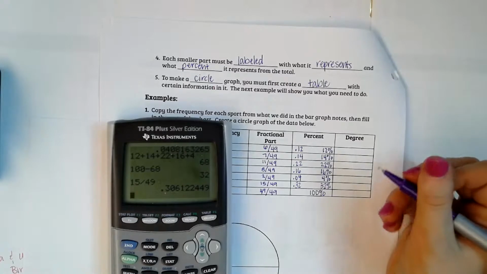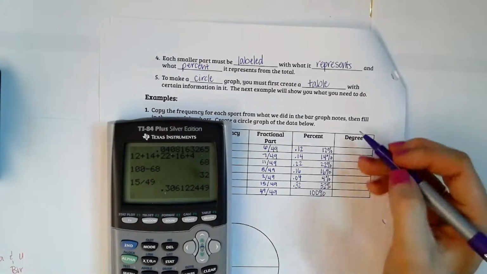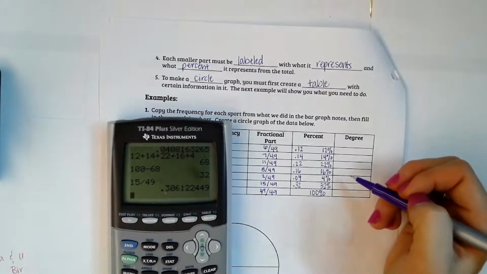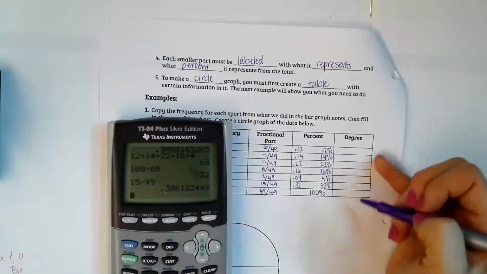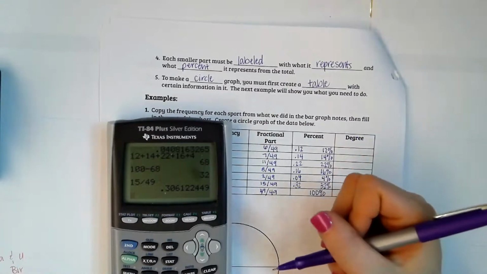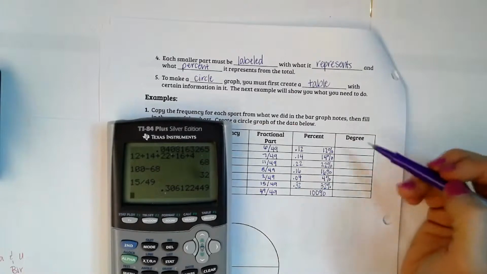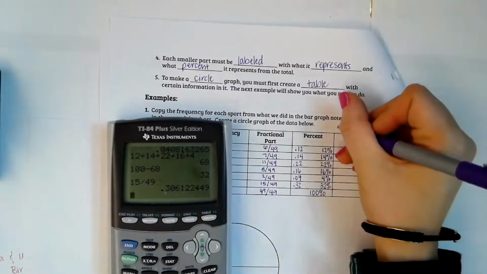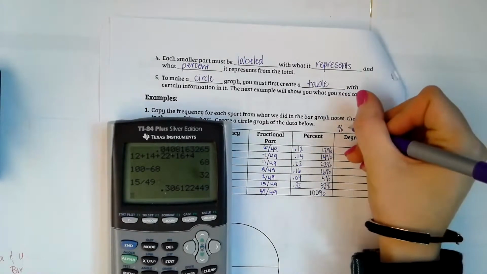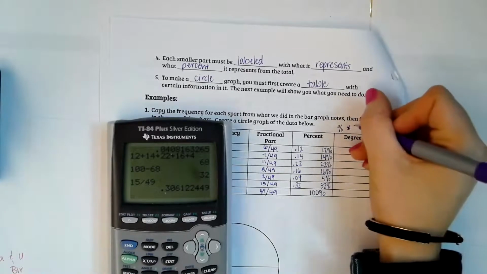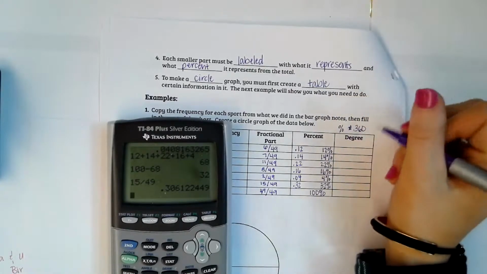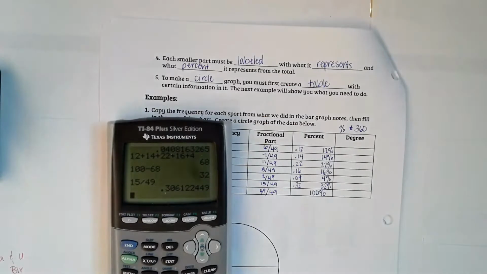Okay? To get your degree, which is what you're going to use to create your circle graph, you take the percent and you times that by 360, because a full circle is 360 degrees.